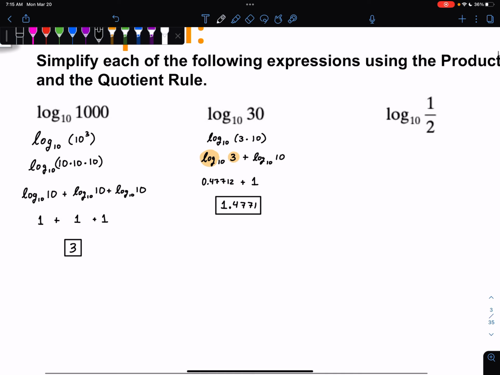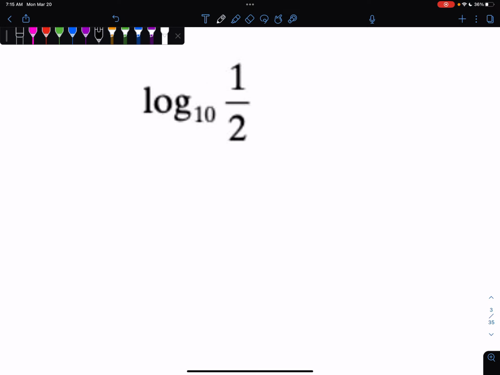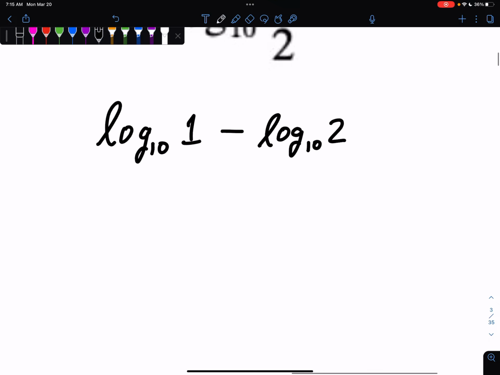All right, we got one more. Give you a second here to finish writing. Okay, on the last one, this is division now. Remember when it said division, we did subtraction? So log base 10 of 1 minus log base 10 of 2. Okay, log base 10 of 1.